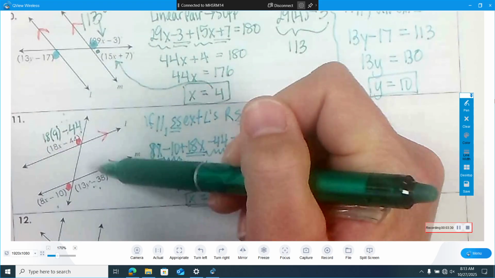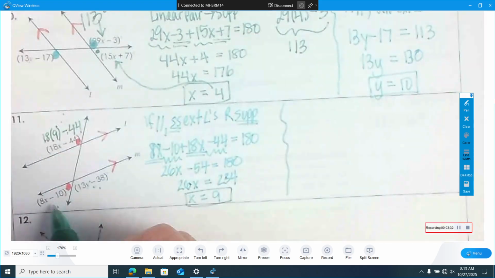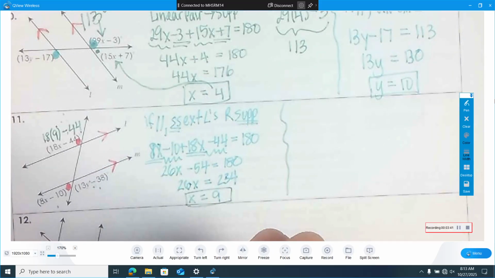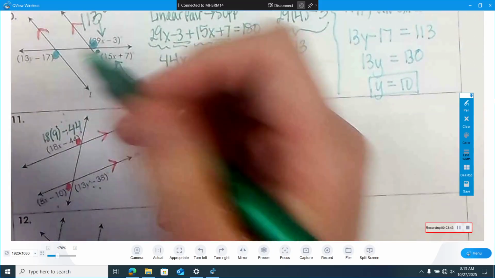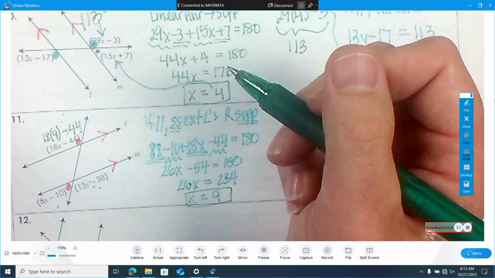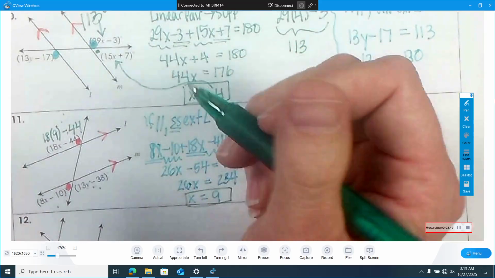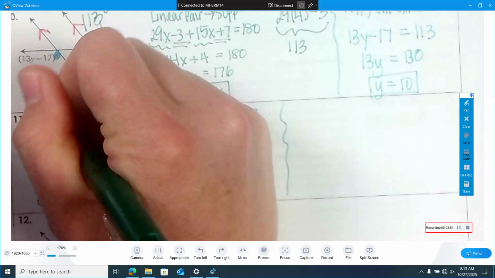So these two things will just equal each other. Versus down here, these two things are supplementary, so I'd have to add them together and equal 180, which is an extra step. But it doesn't matter either way. Let's see. So 18 times 9 minus 44 is 118 degrees.